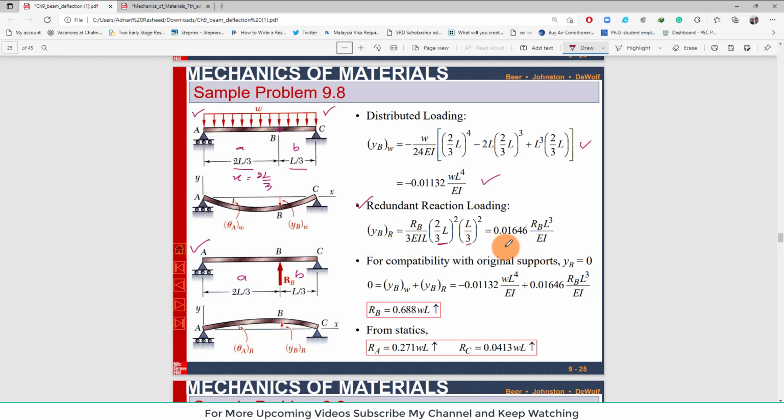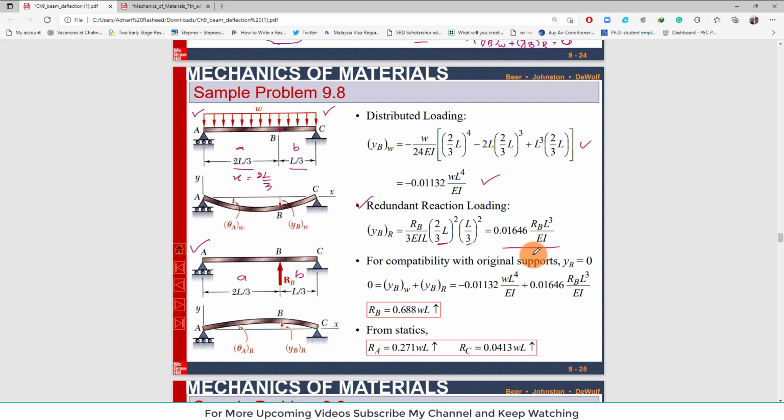So if you solve it, you will get the deflection at point B. Clear? So this is the value. Now for compatibility, we have said that at point B total deflection is equal to 0. Clear? So this YB is equal to 0 and that is equal to deflection due to loading W plus deflection due to loading R.